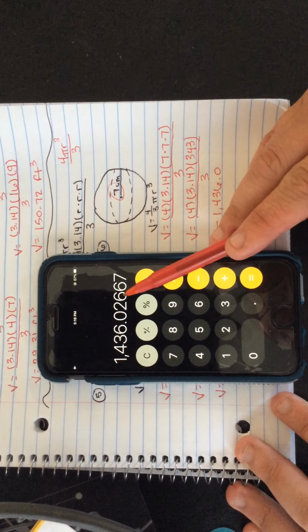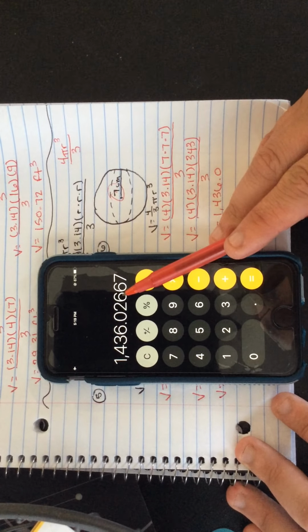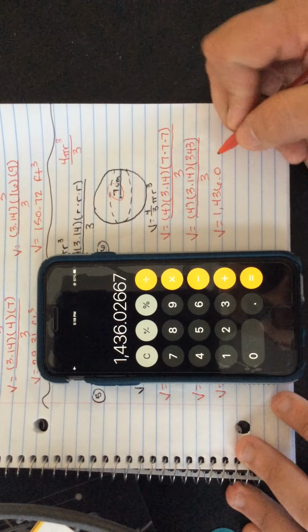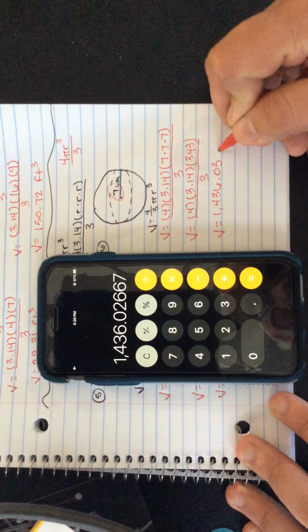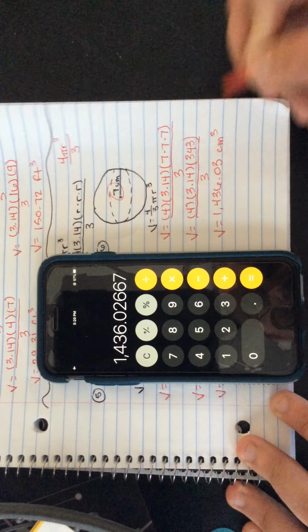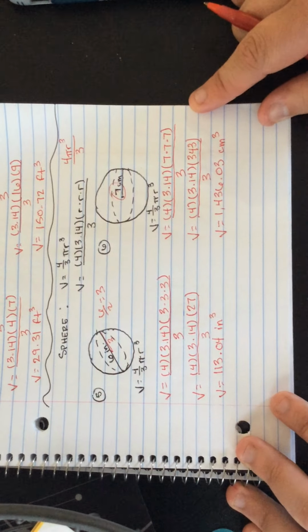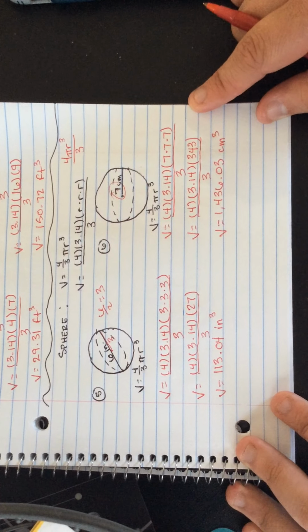But because my third number is 5 or higher, since it's 6, I'm going to round that 2 up to a 3. Then we're dealing with centimeters, so we write centimeters cubed. And that is our answer.